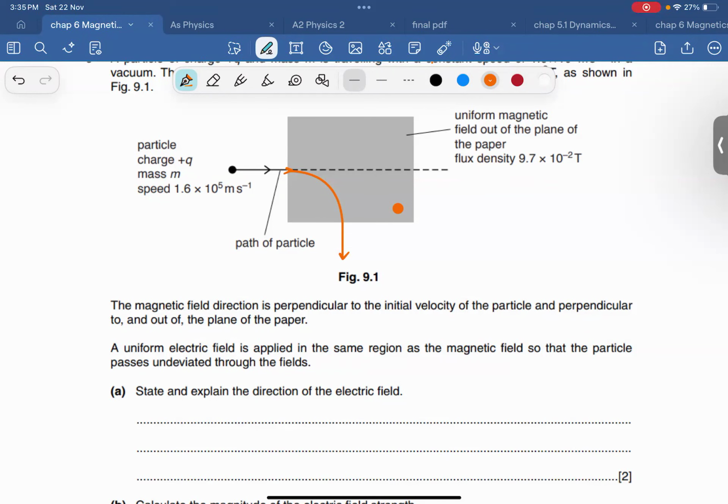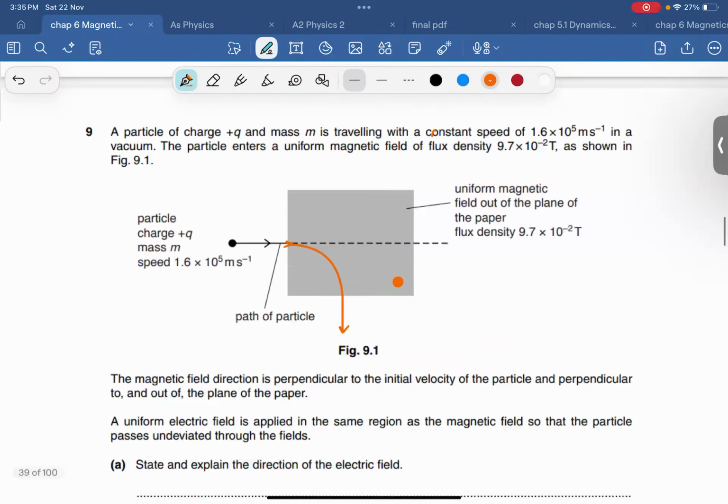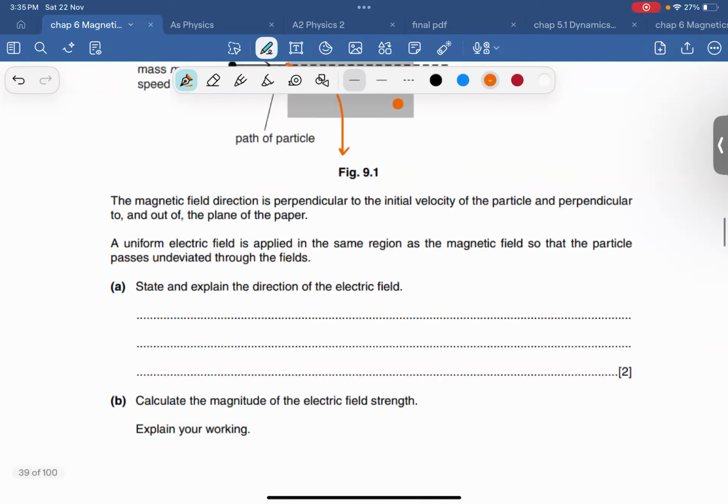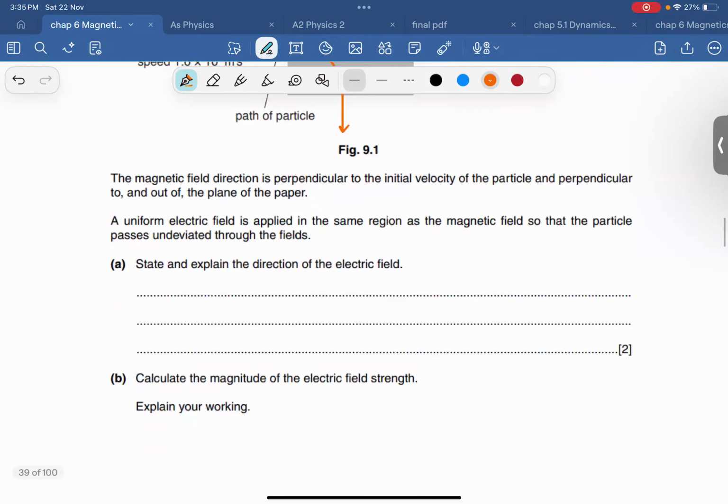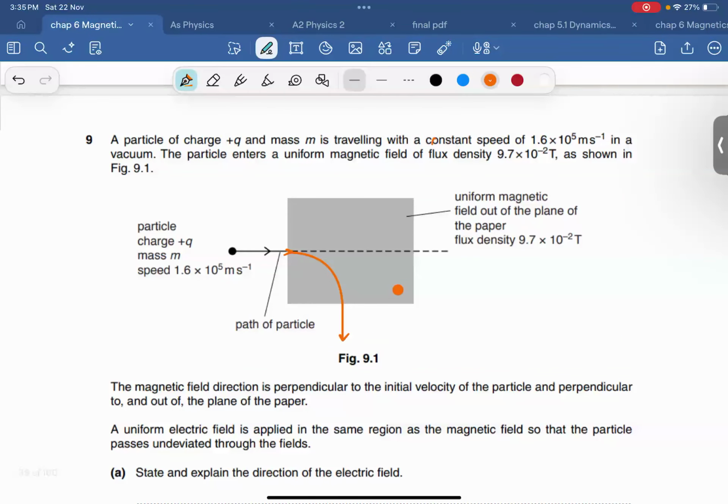Now, they're saying explain the direction of the electric field. Basically, the charge would experience the magnetic force in the downward direction.